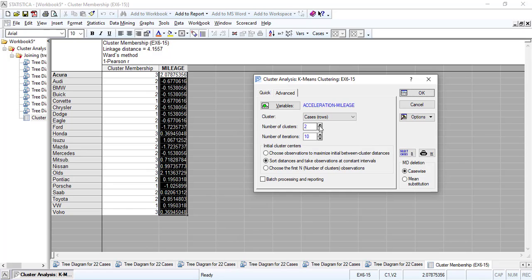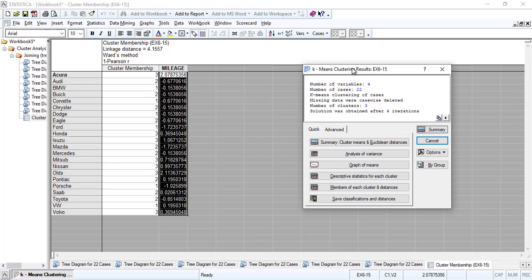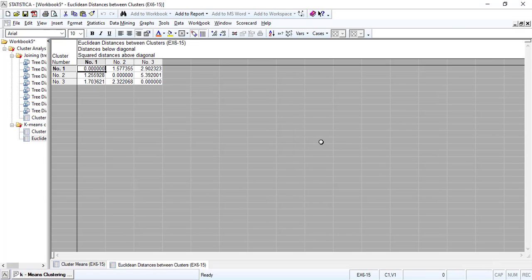In advance, you can make sure how many clusters. K is 3. You can see the cluster mean, center to center. Next, advance.